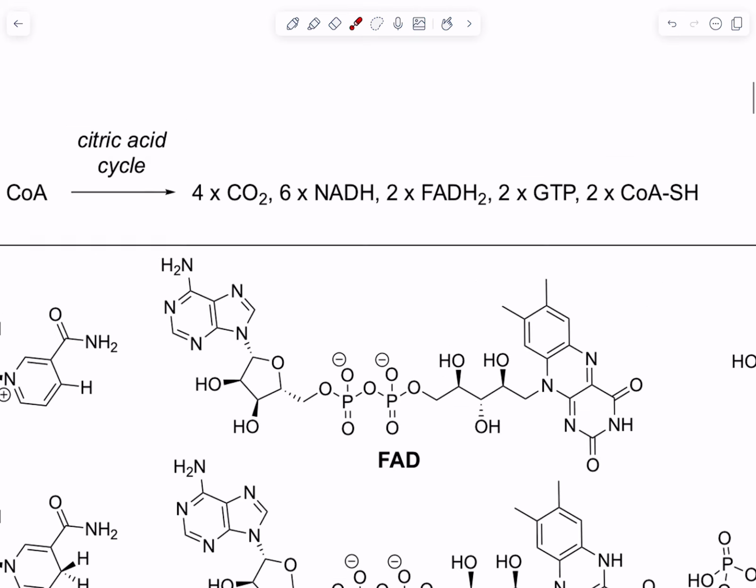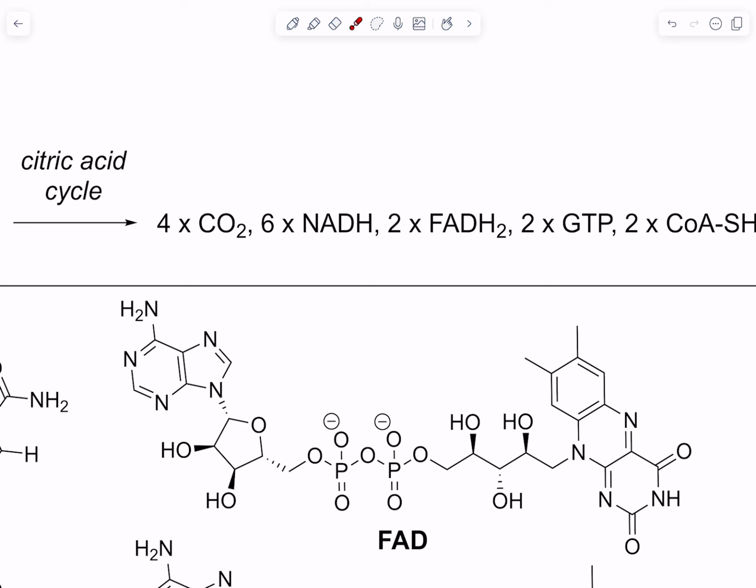We will see soon that NADH and FADH2 can go to the electron transport chain, where they are worth 2.5 molecules of ATP per molecule of NADH.